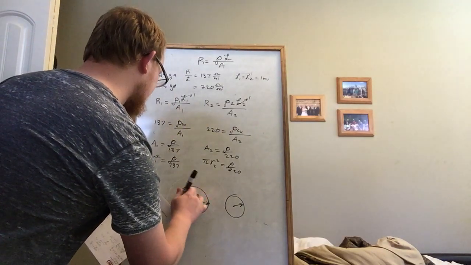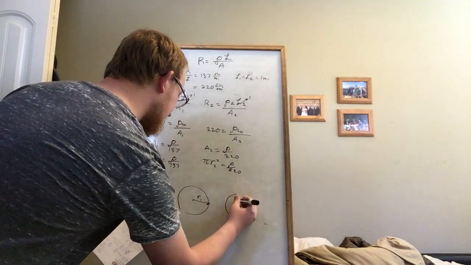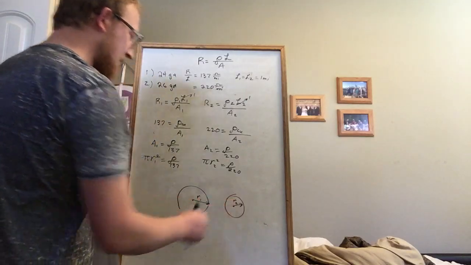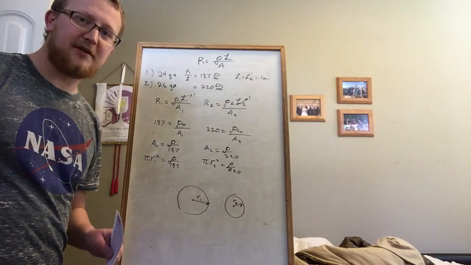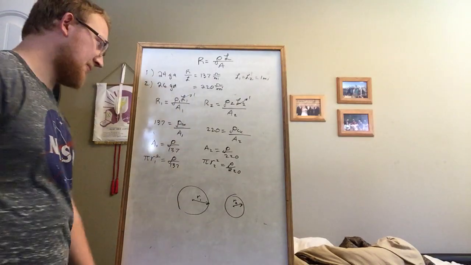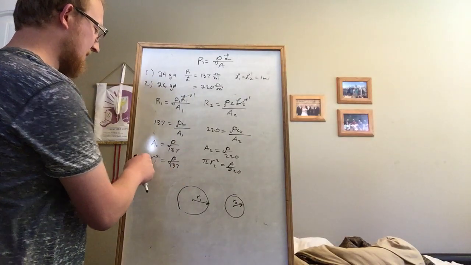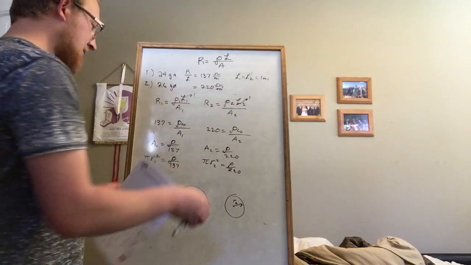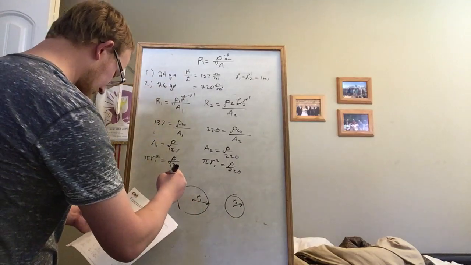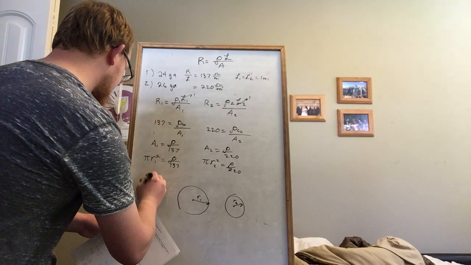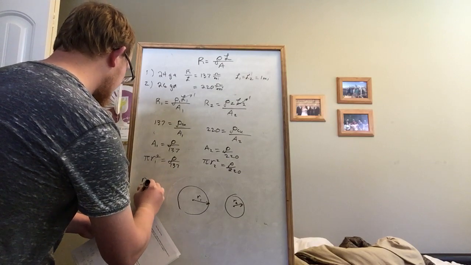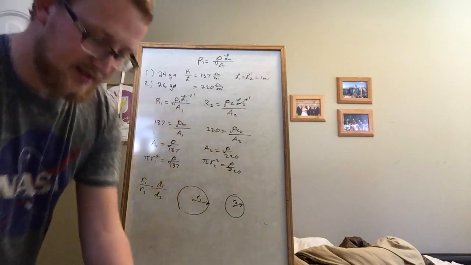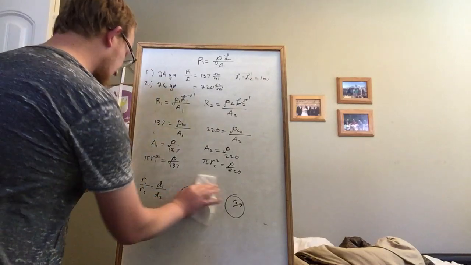So the 24 gauge is going to be R1, and the 26 gauge is going to be R2. And you'll notice that if I double both R1 and R2, the ratio will maintain the same. So we don't actually need to put diameter where radius is, although you can if it makes you feel better. Essentially, the ratio of radius 1 to radius 2 is equivalent to diameter 1 over diameter 2. So we can ignore that and stick with the R's.